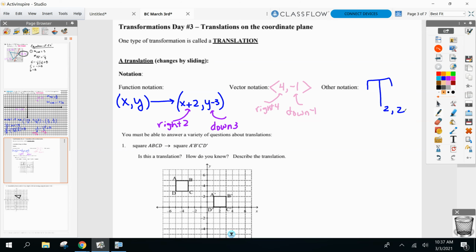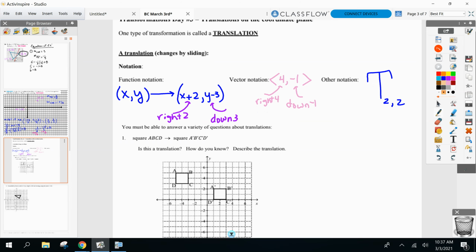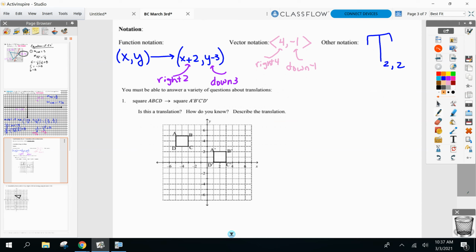Let's see if we can tell whether a translation is going on or not. Pre-image, I got square ABCD. Maybe I did a translation to it and got square A prime, B prime, C prime, D prime. How are we going to know if I did a translation or not? Every single point has to be moved the same distance and direction.